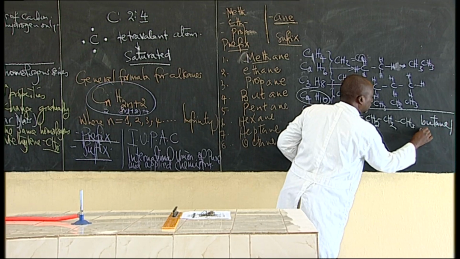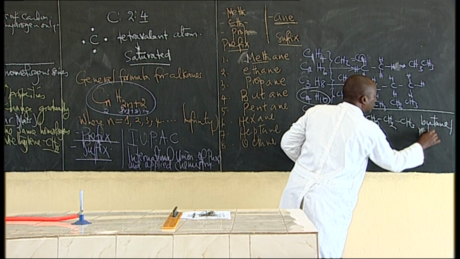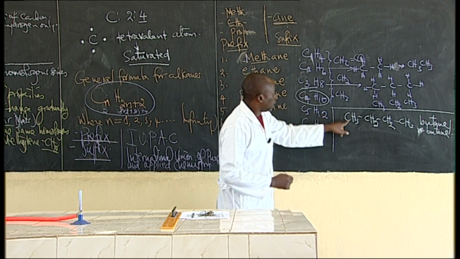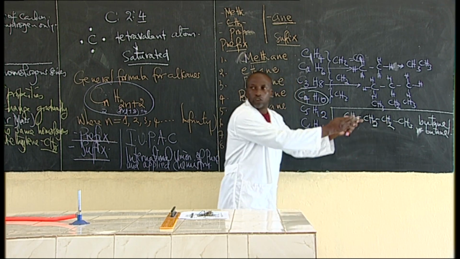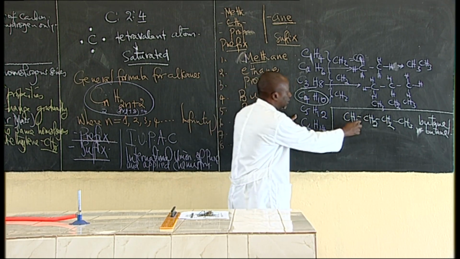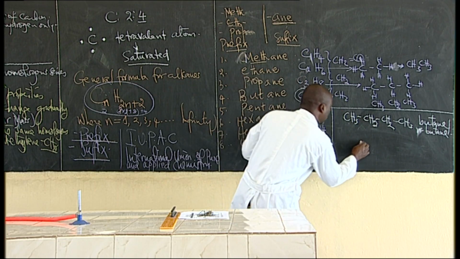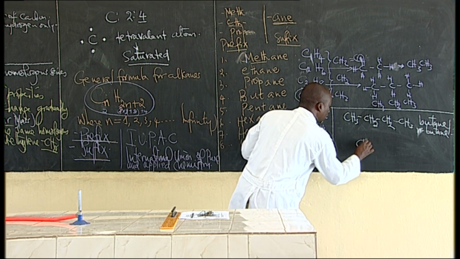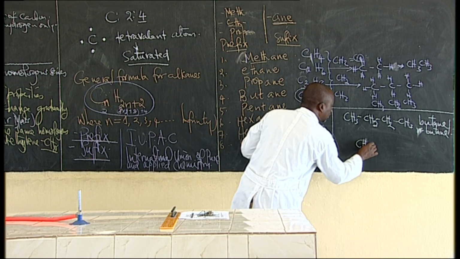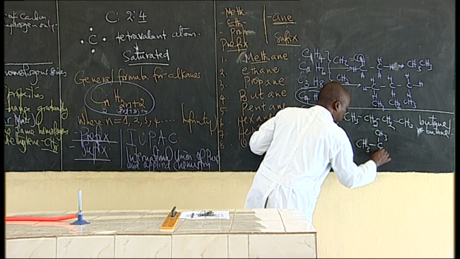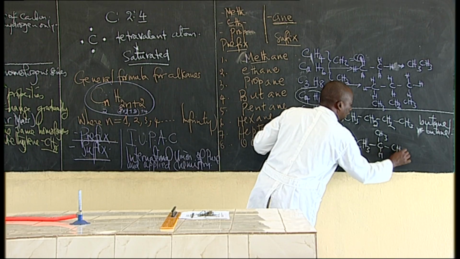or sometimes called n-butane. So what do we need to see? The carbon atoms are in the structure, but we can rearrange these carbon atoms. If we write it in this form, for example, CH3, CH, CH3, with CH3 attached.